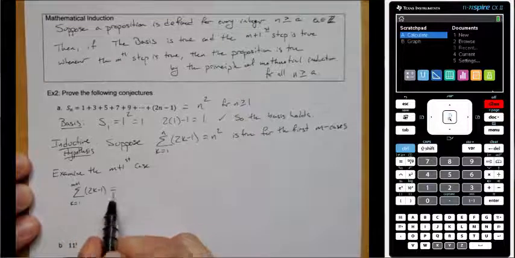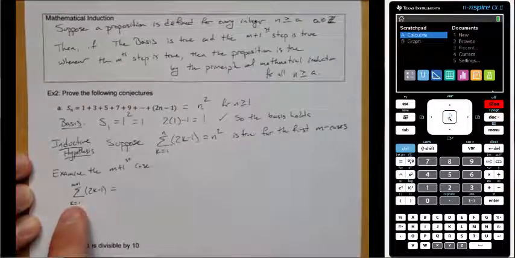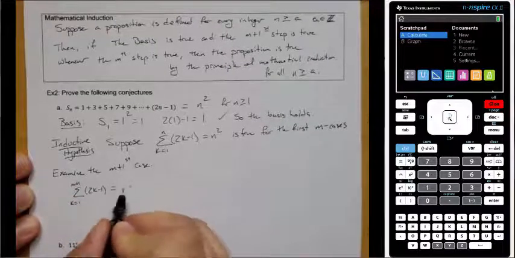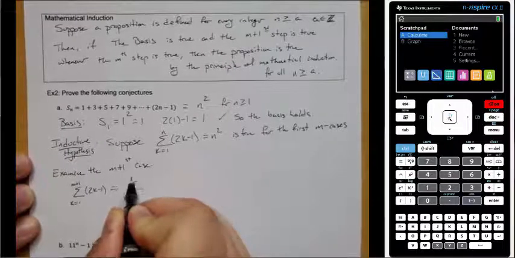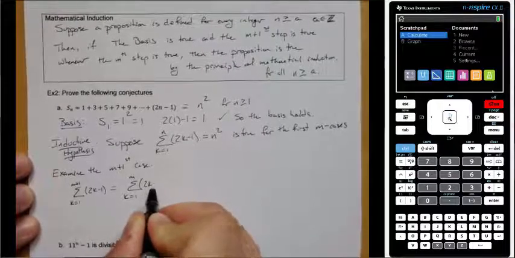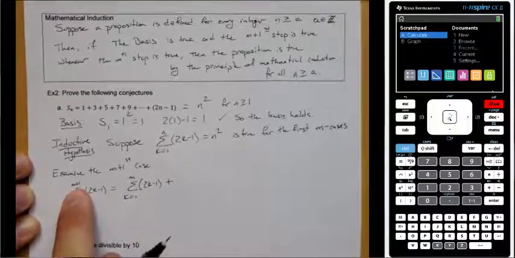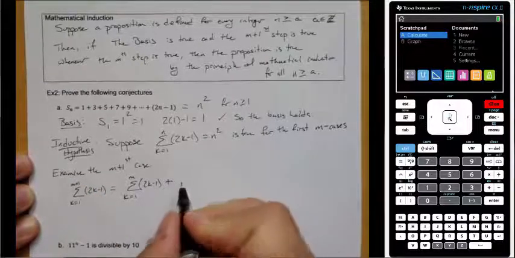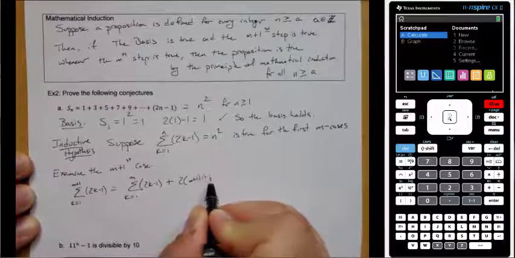Note that this sum is equal to the sum of the first m terms, and then I add on the final term, which is what I get when I plug m plus 1 into my summation formula: plus 2 times m plus 1 minus 1.